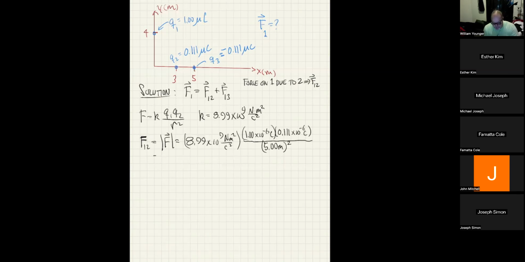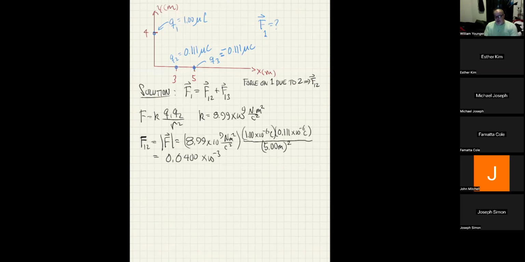So this is equal to 0.04 times 10 to the negative 3rd, because 5 squared is 25.